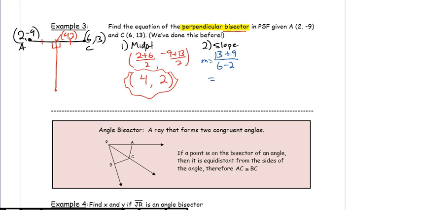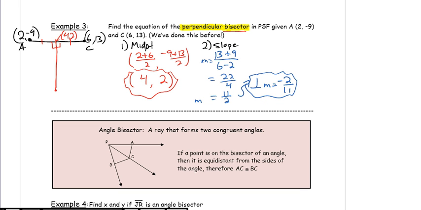Again, simplify, so we have 13 plus 9 is 22 over 4. We'll leave that as a fraction. We can divide both by 2, so we have 11 over 2. Now remember, that's the slope of AC. We want the perpendicular slope, which is going to be -2 over 11, the opposite reciprocal.